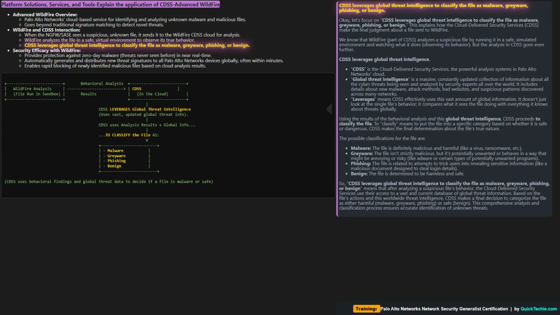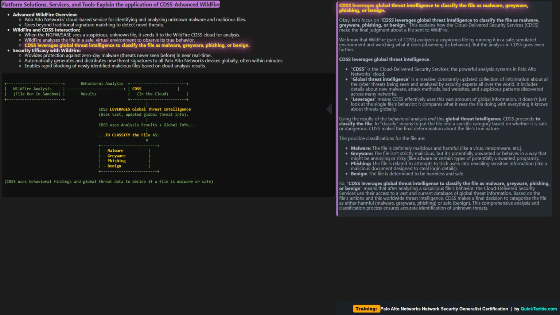Using the results of the behavioral analysis and this global threat intelligence, CDSS proceeds to classify the file. To classify means to put the file into a specific category based on whether it is safe or dangerous. CDSS makes the final determination about the file's true nature. The possible classifications for the file are malware. The file is definitely malicious and harmful, like a virus, ransomware, etc. Greyware.